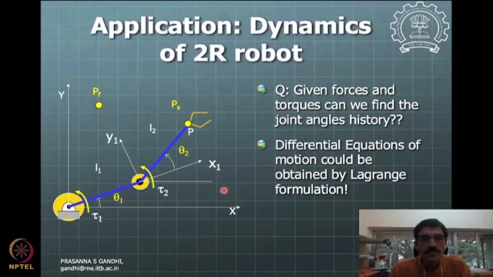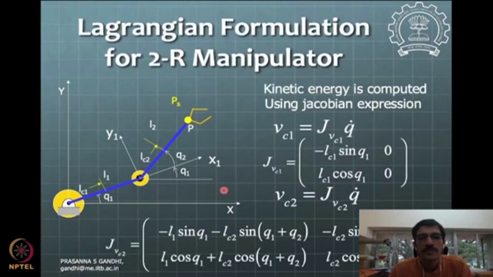So now, for such a manipulator, you can use your kinematics fundamentals and get to these equations for the velocity. For example, the velocity of the CG C1, VC1, is given here in terms of the coordinate q1. So this is a Jacobian.